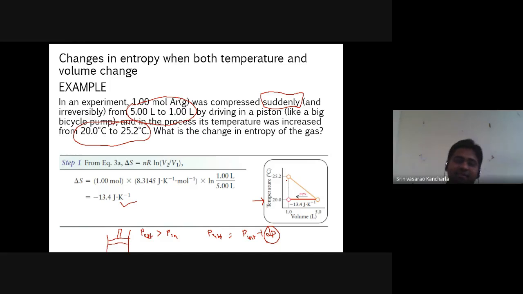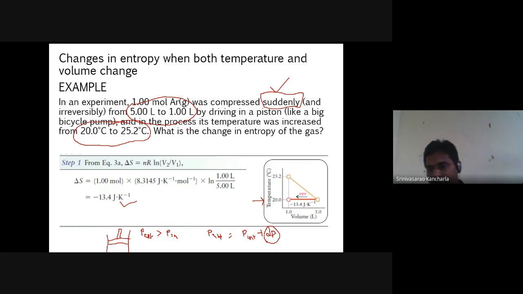Okay, I will give you a hint. There is a sudden change in the volume from 5 liter to 1 liter. In one go, you are doing this, fastly compressing it. Whereas when you are doing it in the reversible process, you will do that same thing in 1,000 steps. Suppose 1,000 small steps you are doing, bringing up to that change.